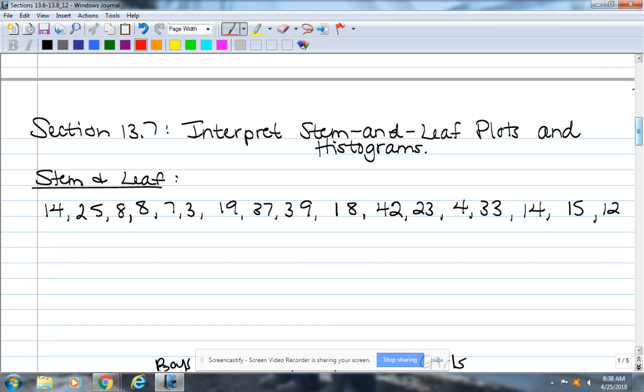It looks like a T-chart. Looks like a T-chart. But yeah, you got one side called your stem. You remembered. And another side called your leaf. Good job. So y'all write down those. I'll let you write down all those numbers before I get started.